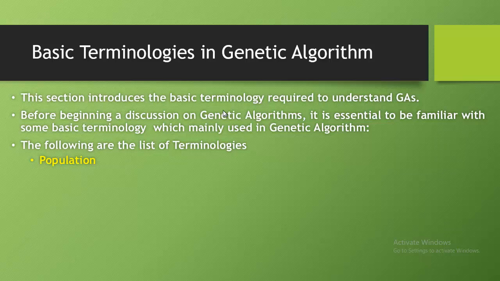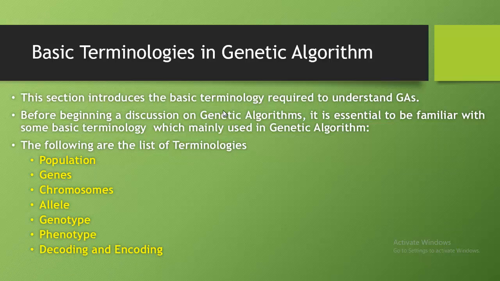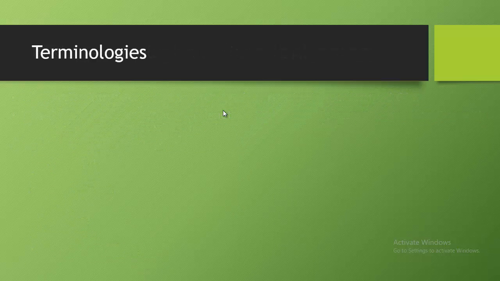The first one is population, the second is genes, third is chromosomes, fourth is allele, fifth is genotype, sixth is phenotype, and then decoding and encoding. Let's see each terminology one by one.